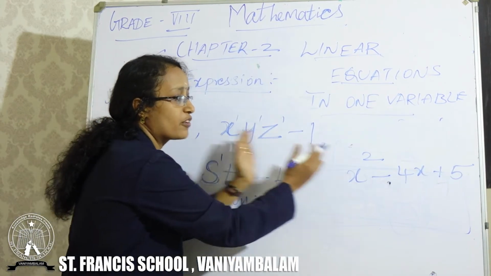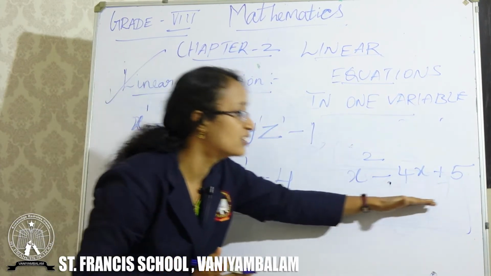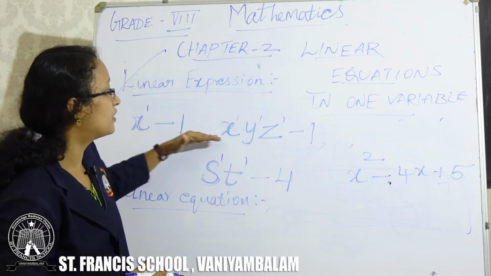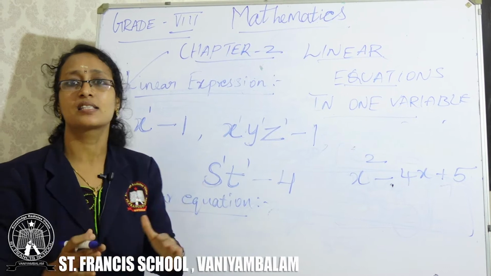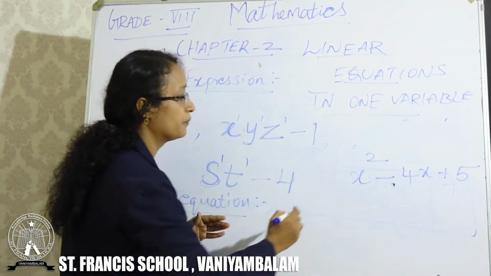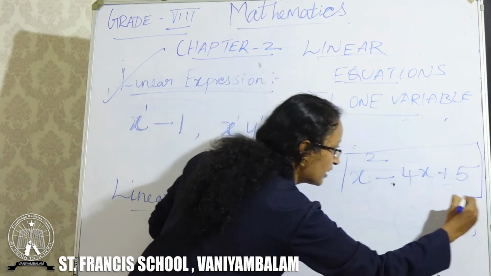But what is the difference between the linear expressions and this expression? Can you find anything different? Yes. Here you have the degree 1. The highest power of a variable should be 1, then you will call it a linear expression.